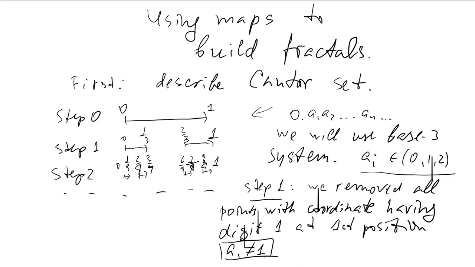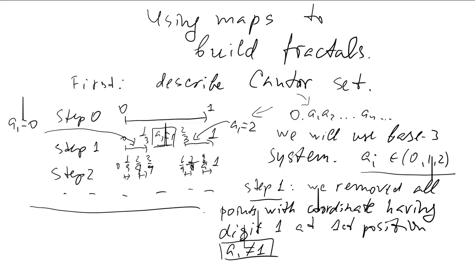So what do we have here? Here A1 is 0. Here A1 is 2, but A1 equal to 1 is removed. So all numbers which have 1 at first position are removed after the first step.